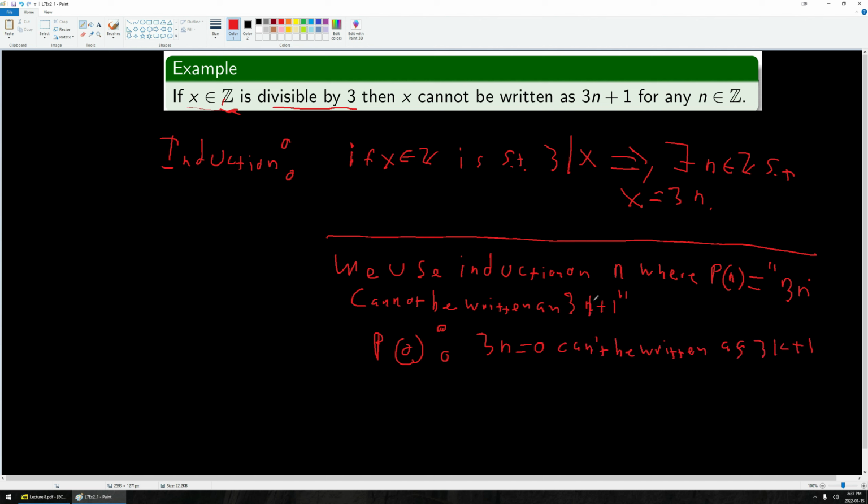And here I want to use k instead of n just to keep it a little bit different, as, if 0 is equal to 3k plus 1, this has a unique solution. k is equal to negative 1/3, and this thing is not in the integers, right?